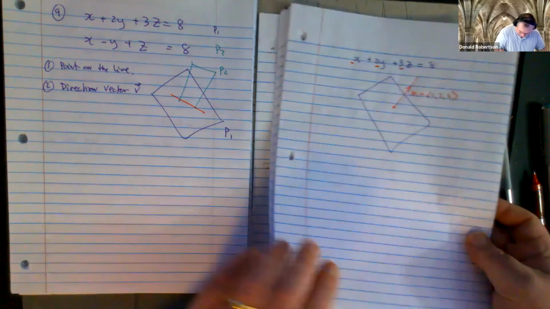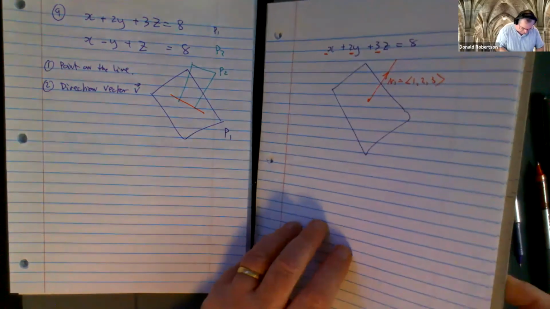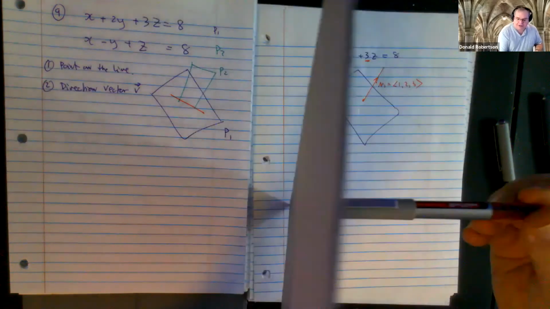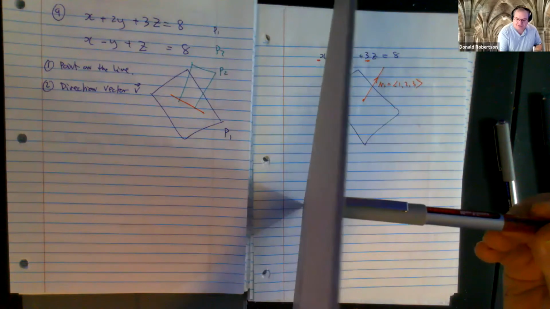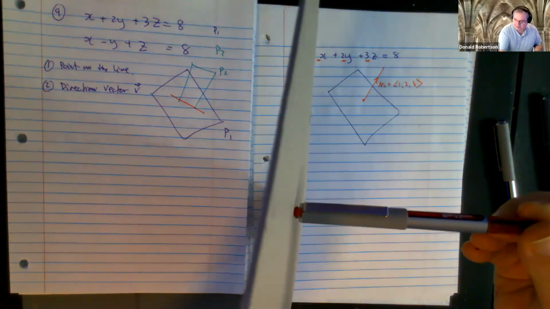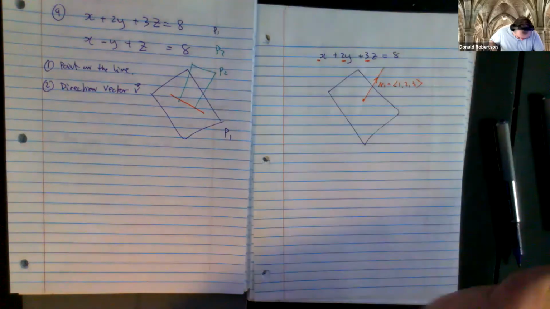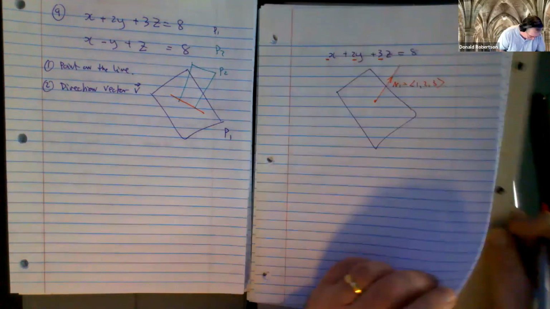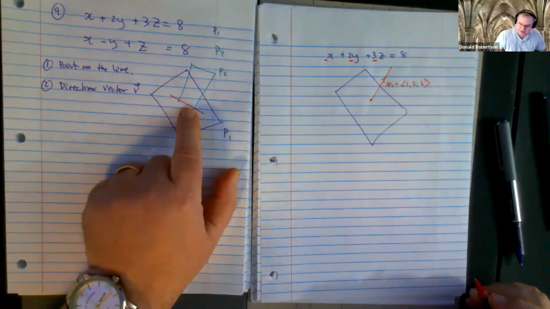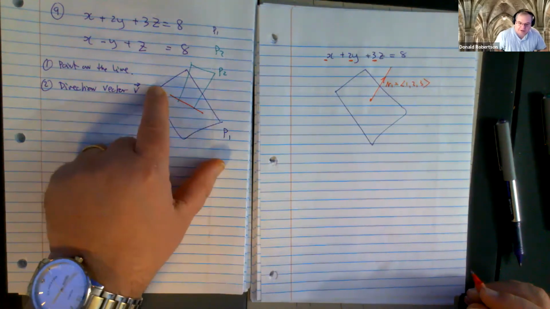So I'm going to use a piece of cardboard because it's a bit stiffer. Imagine this is a plane. My pen is the normal. If you turn this sideways, can you see that it is at right angles to the plane? And so I'm going to use that property to find the direction vector for this line.